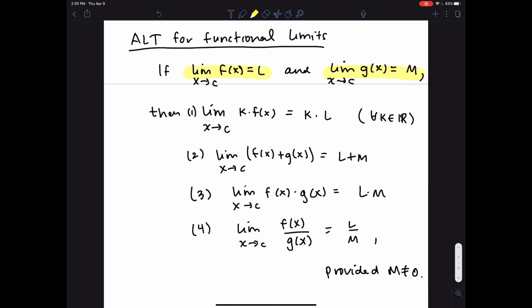And we already know that when you have convergent sequences, you get the algebraic limit theorem. So we can use it to build the sequential characterizations of each of these statements, and then go back and say that the limits of the functions have to behave using those same algebraic properties. And that's it for this section.